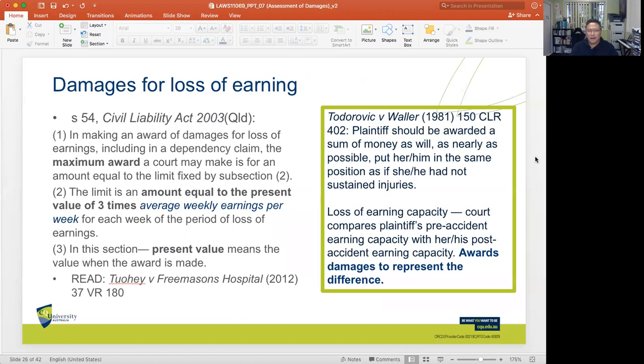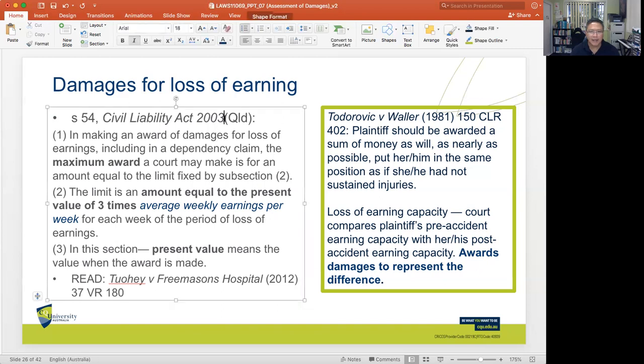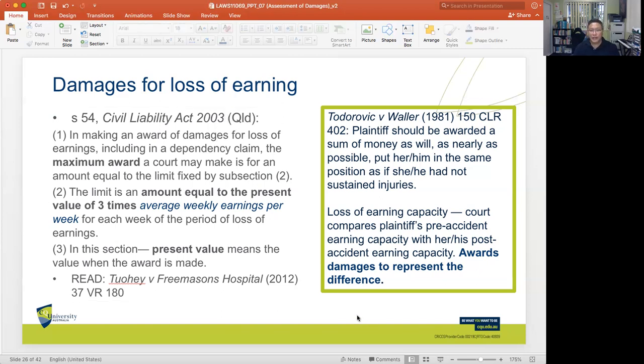Now, as I mentioned as well, in almost all jurisdictions in Australia, the state parliaments have put a cap to the amount of damages that could be awarded for loss of earning. So, for example, under Section 54 of the Civil Liability Act 2003, Queensland, it says that in making an award for damages for loss of earnings, including in a dependency claim, the maximum award a court may make is for an amount equal to the limit fixed by subsection 2.